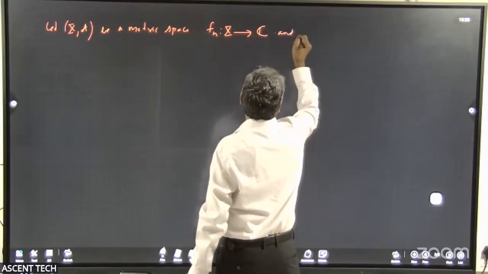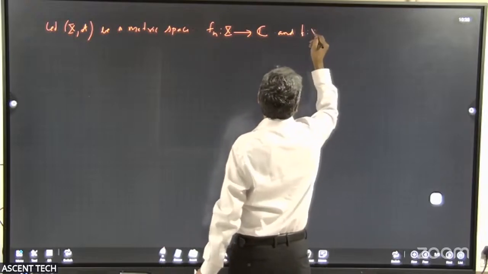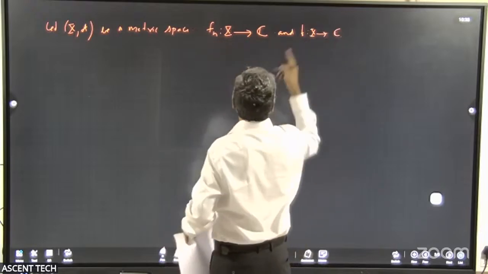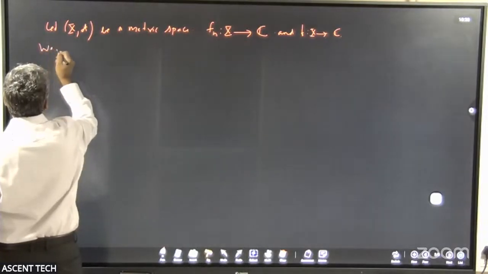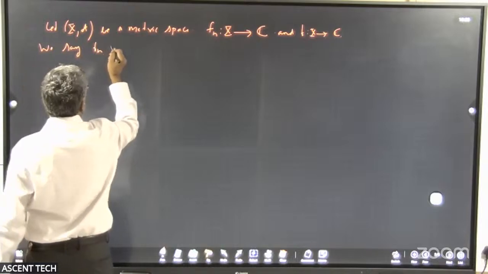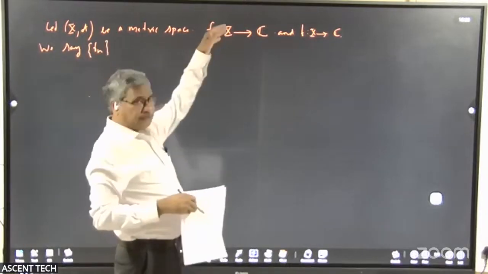And F is a function from X to C. We say F_n converges to F uniformly. These are functions, and functions depend on x.